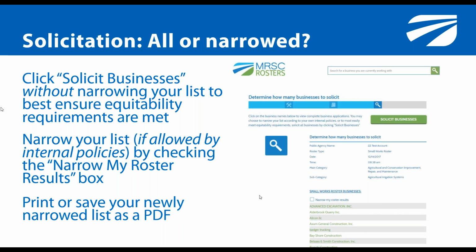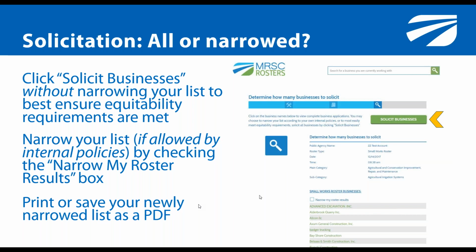We do recognize that you might have a really long list of businesses and that you want to utilize an internal policy that allows you to contact a limited number of businesses, such as 3 to 5 businesses. If this is the process that you use, then you do have the option of narrowing your list within the roster search process here.